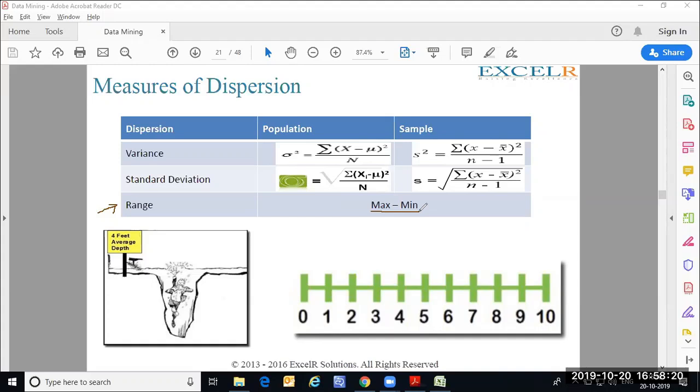If a range is too high, that means the data has been spread across a wide range of values. At the first place, this helps us get a first level of feel about the spread of the data.